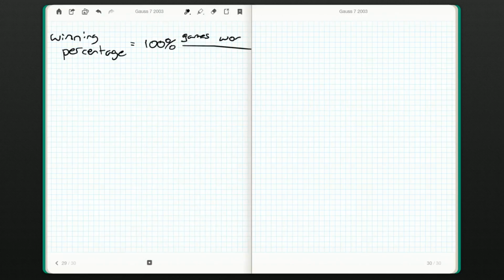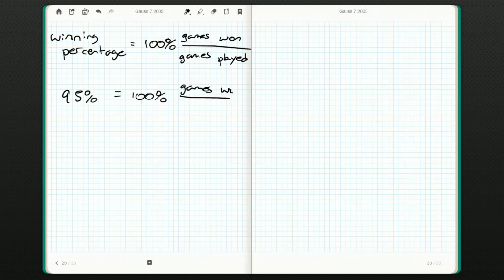The number of games won over the number of games played. For example, we are told that after 20 games, he has a 95% win rate. So, the games won over the games played, well, he played 20 games. They told us that in the question.